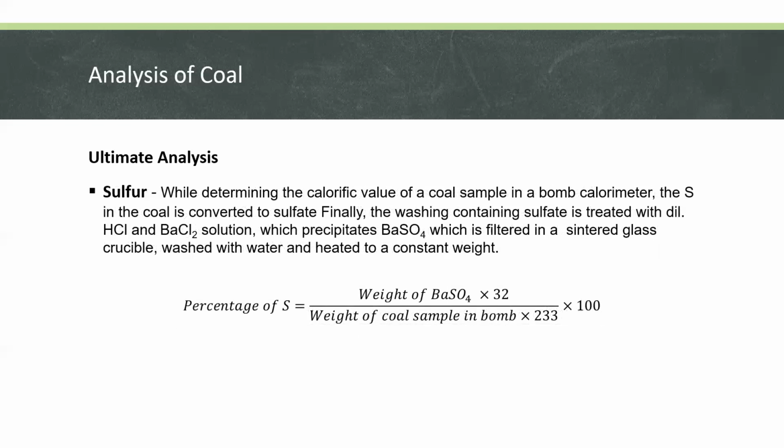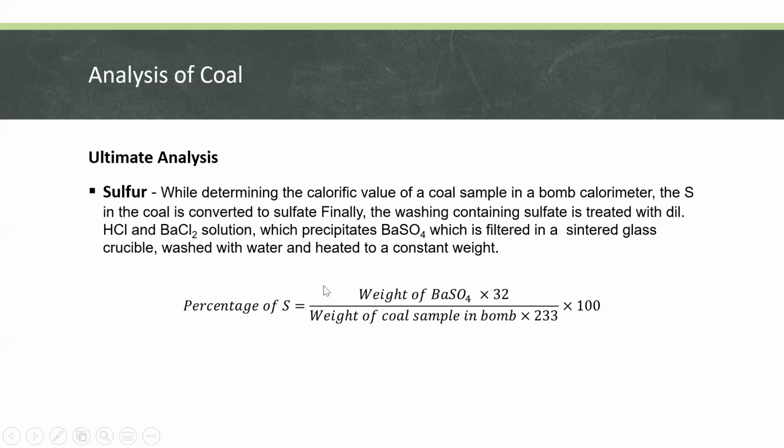The next element is to get the sulfur content of the coal. While determining the calorific value of a coal sample in a bomb calorimeter, the sulfur in the coal is converted to sulfate. Finally, the washing containing sulfate is treated with dilute hydrochloric acid and barium chloride solution, which precipitates barium sulfate, which is filtered in a sintered glass crucible, washed with water, and heated to a constant weight.